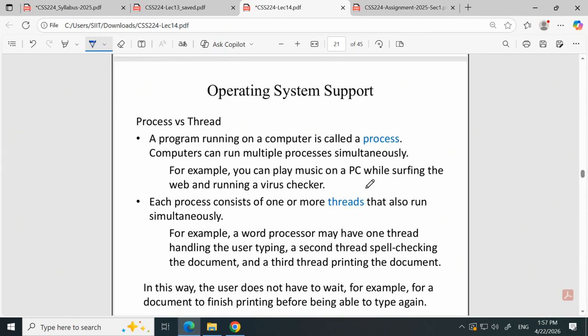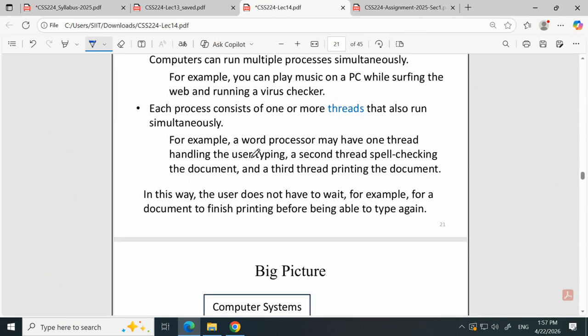A thread is basically a block of instructions. For example, you are using a word processor. A word processor is one process, right? And this process consists of many threads: handling the keyboard, spell checking, printing, whatever the word processor can do for you.